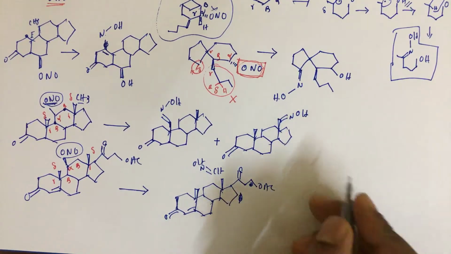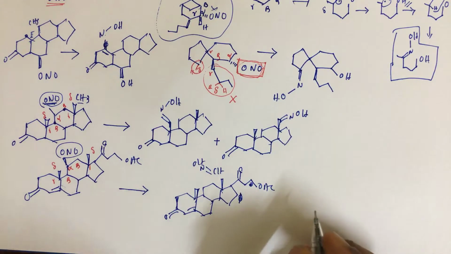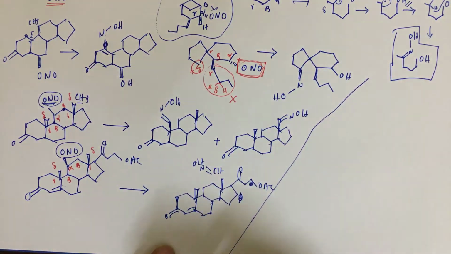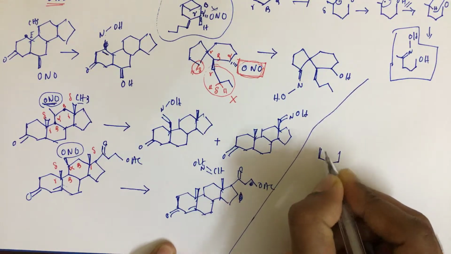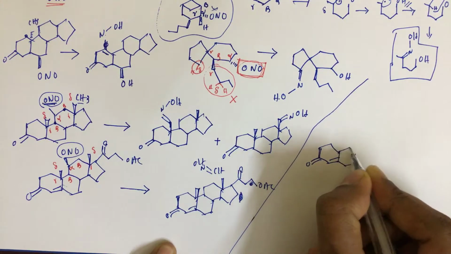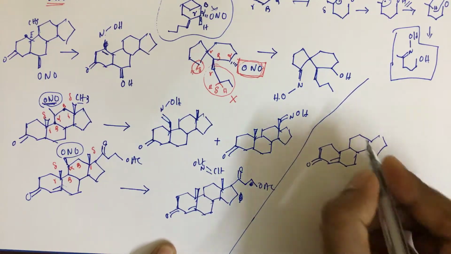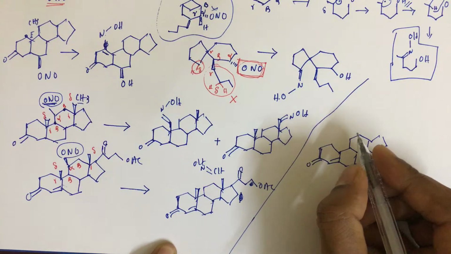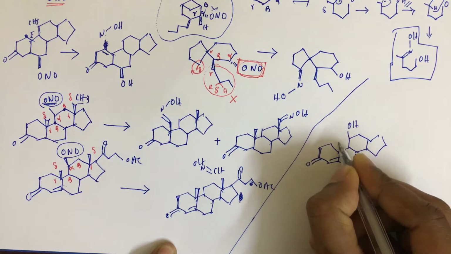So that product will be like this because of this double bond. So imagine that here we have this free radical. In the first step we have an OH, and this free radical.